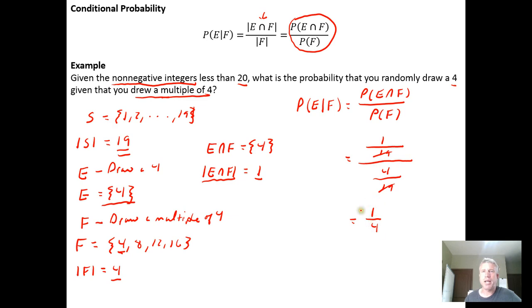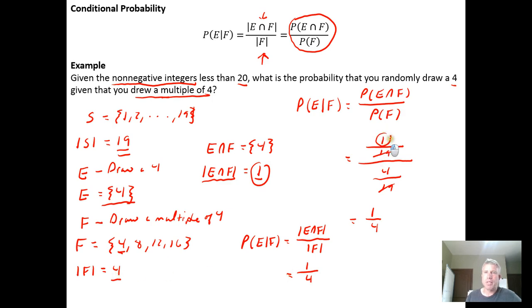which we could have gotten directly by using this version of the formula. We could have said the probability of E given F is just the size of the intersection of E and F divided by the size of F. And we know the size of the intersection is 1, and the size of F is 4.